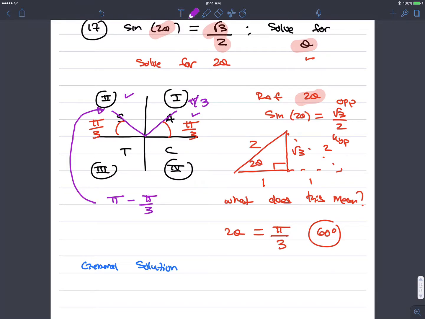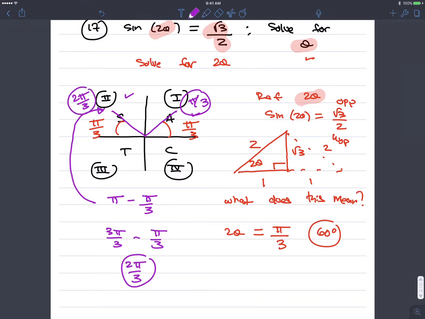Is that true? So what do you get then? You say, oh, that's 3 pi. Let's do the arithmetic. You might say, okay, that's 3 pi over 3 minus pi over 3. And 3 pi over 3 minus pi over 3, what does that give you? 2 pi over 3. So this first quadrant 1 solution is pi over 3, and the quadrant 2 solution is 2 pi over 3.